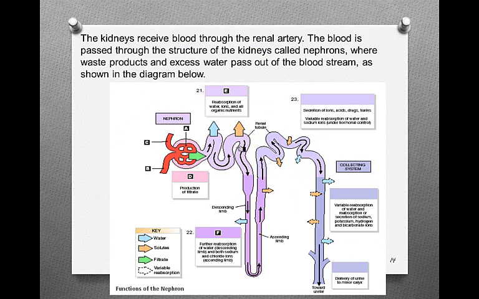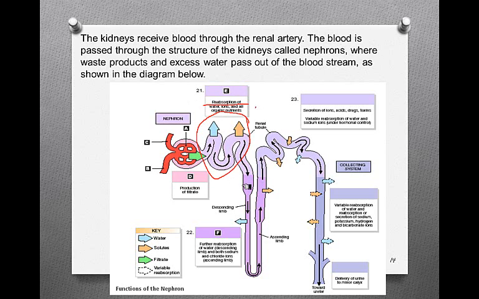So the nephron has different functions for each portion of it. Here in the proximal portion of the tubule, you get reabsorption of water, ions, and organic nutrients, and it's very permeable to water.